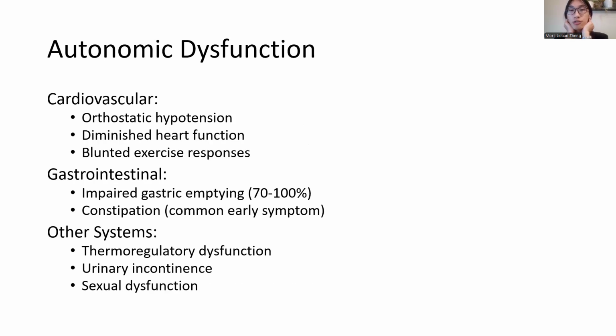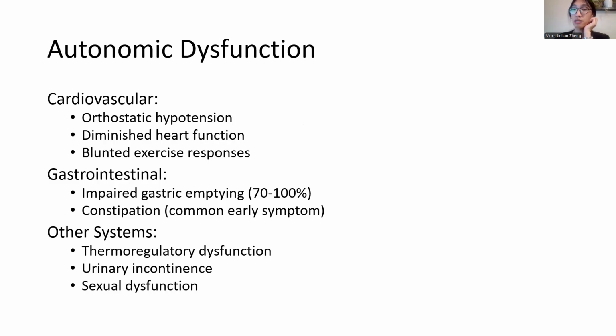Autonomic dysfunction occurs early in Parkinson's disease and represents a direct manifestation of underlying pathology, as evidenced by Lewy bodies found throughout the autonomic nervous system. Cardiovascular issues include orthostatic hypotension, a dangerous drop in blood pressure upon standing that increases the fall risk.